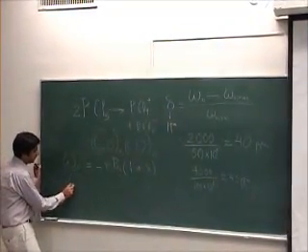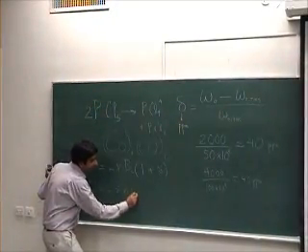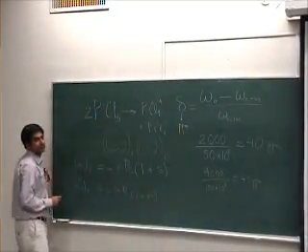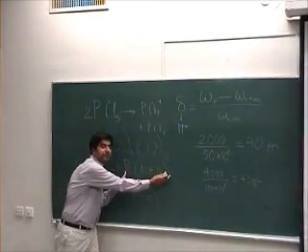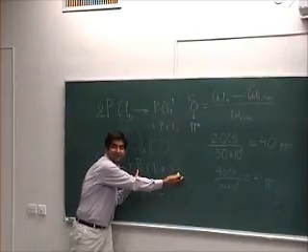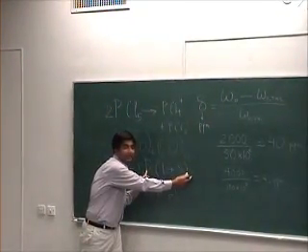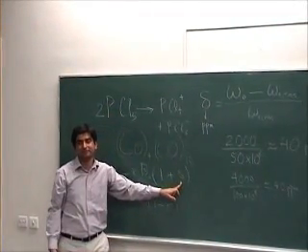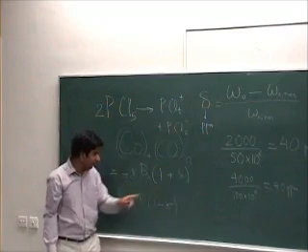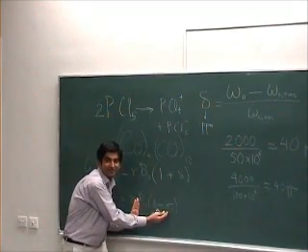Or you could also write omega naught equals minus gamma B naught times 1 minus sigma. If this is the effective magnetic field, it is enhanced if delta is positive. In this case, the effective magnetic field is decreased if sigma is positive.